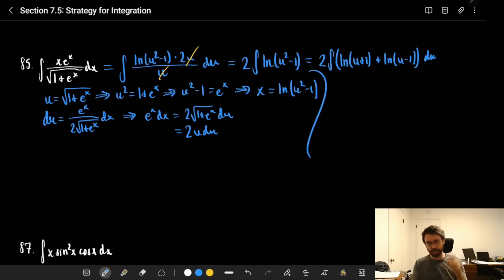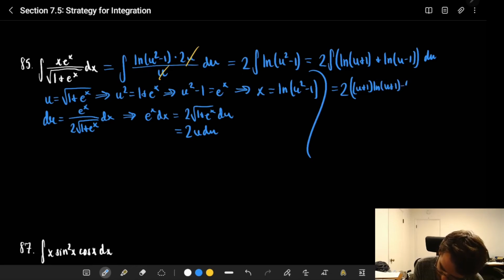I mean, I guess you do a little substitution, say w equals u plus 1 or w equals u minus 1, but at the end of the day you should get this, because du won't impact anything. Just like integral of ln x is x ln x minus x, this will be u plus 1 ln u plus 1 minus u plus 1.